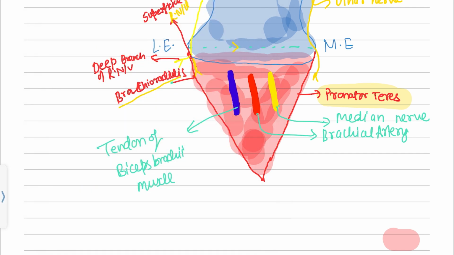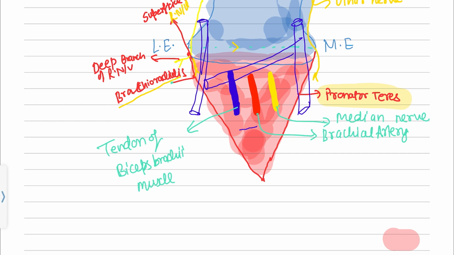So this is the lateral side. These veins constitute the roof of your cubital fossa. This is the cephalic vein, and in the middle side there will be the basilic vein. And from the basilic to the cephalic vein, there is a vein from where you can draw your blood easily.